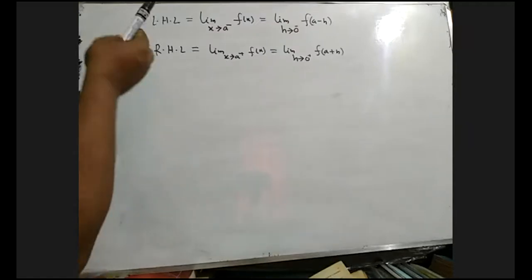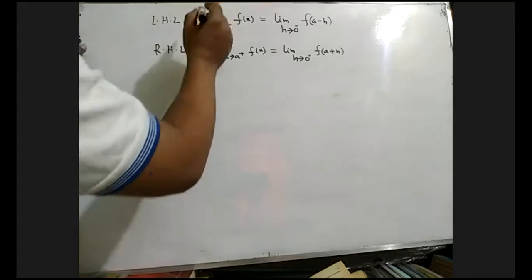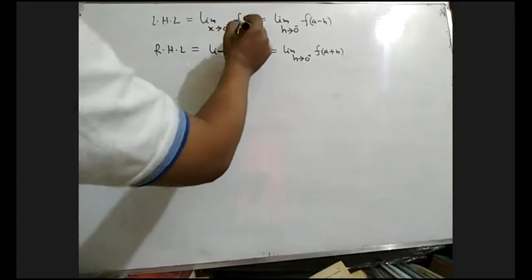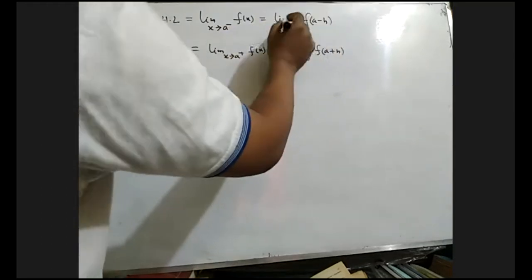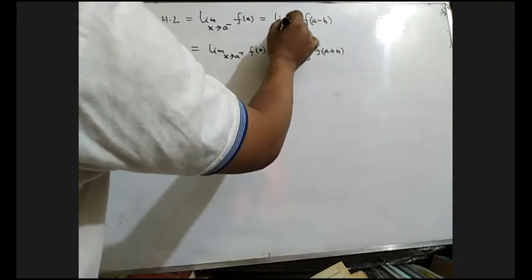There are two types of limit: left hand limit and right hand limit. The left hand limit is given by limit x tends to a minus of f of x. The minus sign is only for the left hand limit. This is the h method: limit h tends to 0.